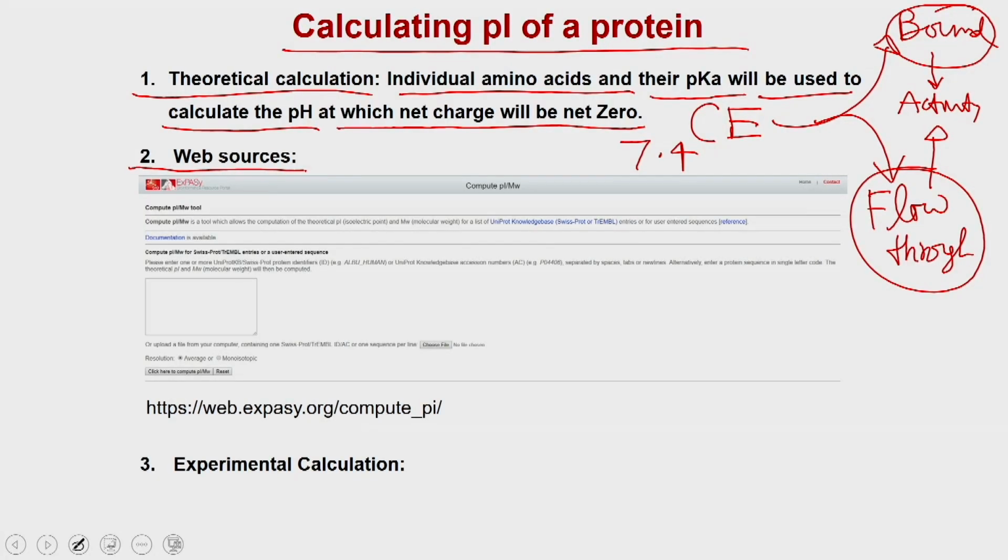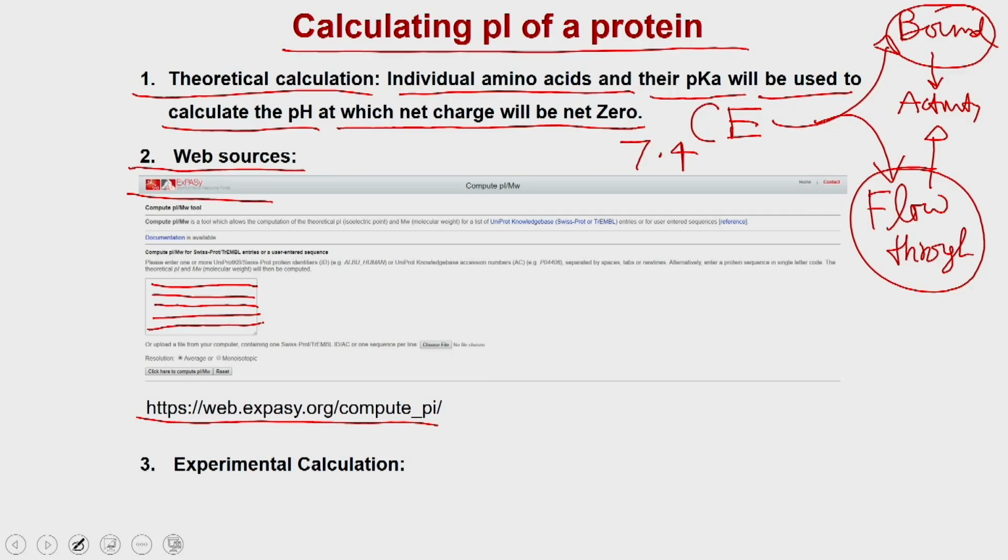The second source is the web source. There are multiple web sources people are using. One example which I have shown is the ExPASy website, and the link is given here. You can use this to calculate the pI values as well as the molecular weight of the protein. In this block you provide the amino acid sequence of the protein, and then you ask the web server to calculate the pI as well as the molecular weight.